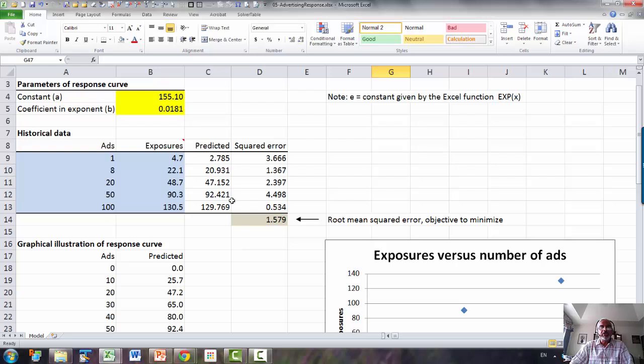We have to do this for each and every combination of the TV show where we're going to advertise and the demographic group. If we develop all of these exposure functions, then we can run the model as a nonlinear programming model to maximize the total number of exposures, which we will see in the next example.